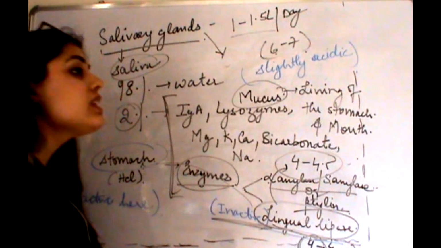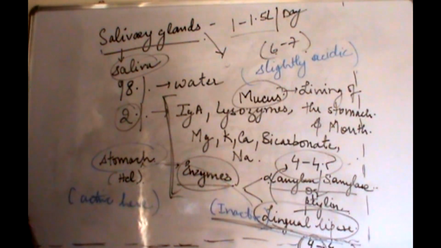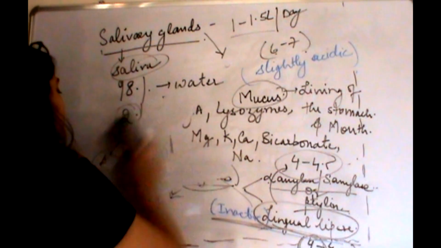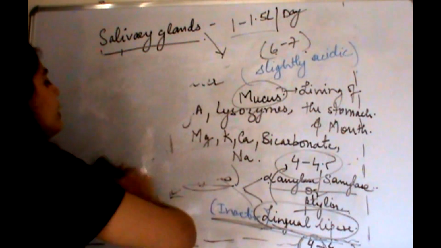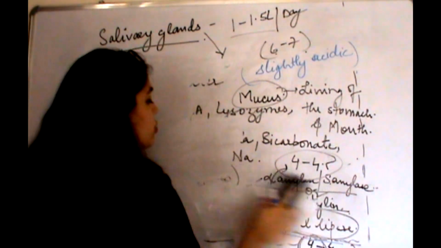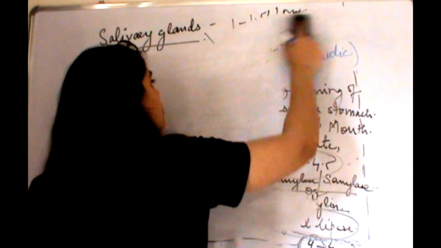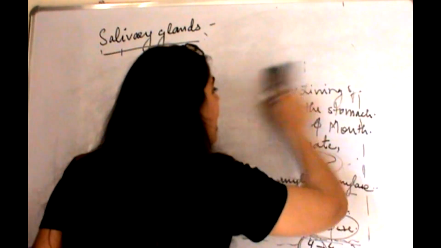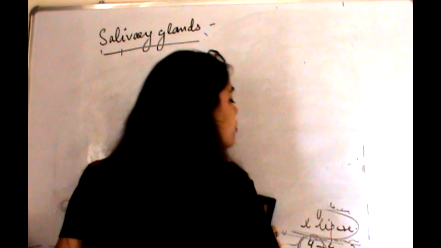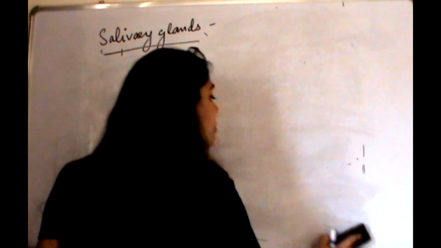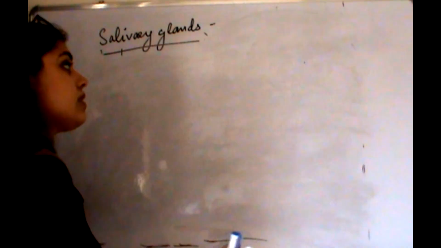Why? Because when we are chewing the food, if our food becomes very dry, we have to swallow it, right? But to swallow it, it needs to be a little smooth in nature. The texture needs to be smooth. So how will it be made smooth? With the help of mucus. Saliva is always acting on the food, but still it needs to be made more smooth. And how is it done? When the mucus is present there.